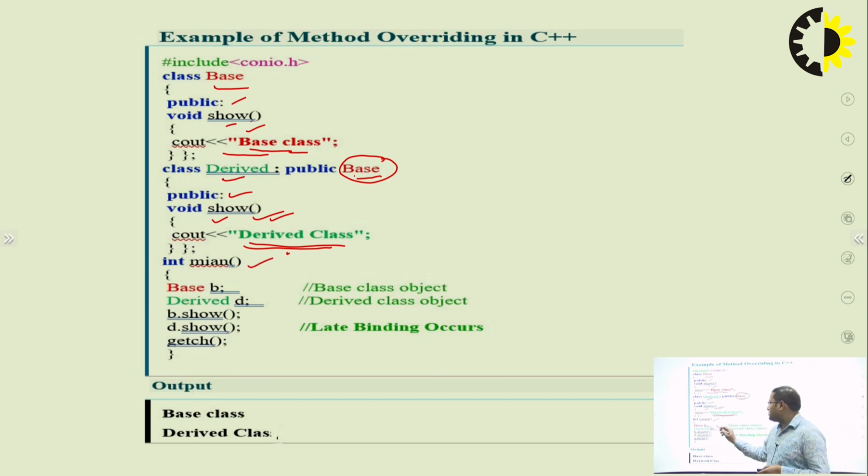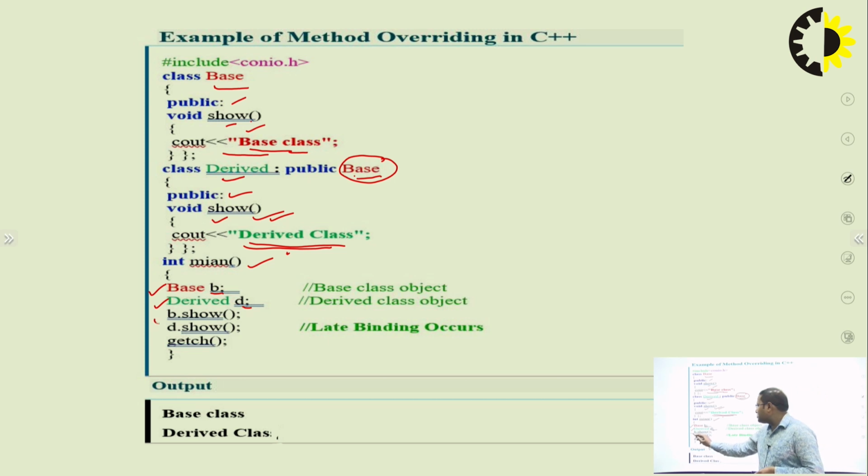In the main function, an object b, small b, is created of type base. What does it mean? It means I have created an object b of the class base. Another object d is created of the derived class.